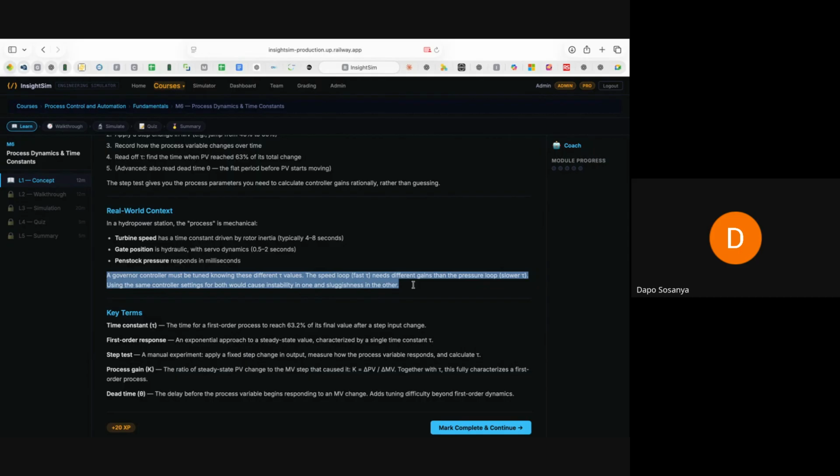But a governor is a controller that controls the movement of a turbine, whether the hydro turbine or the steam turbine. All right. So in the governor system, you have the speed loop, you have the pressure loop, right? And both of them have different time constants. Your controller settings for both must take account of their time constants.